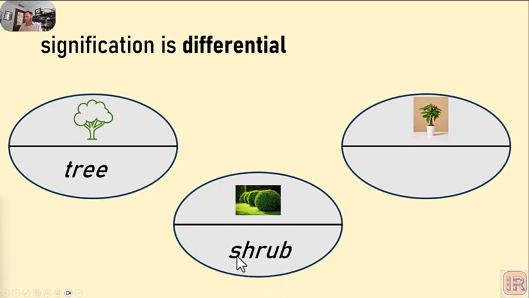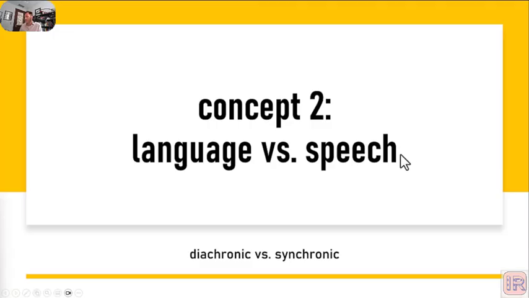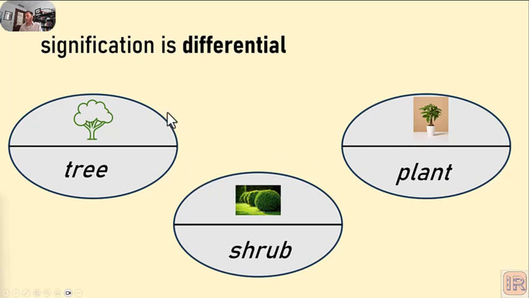A tree is not a shrub, and a tree and a shrub are both not plants. Okay, they are, but in a kind of botanical sense. But when I say tree, shrub, or plant, you're going to think about different things. So in a semiotic sense, they are different. Signification is differential. Everything means what it does by virtue of not meaning what something else means.